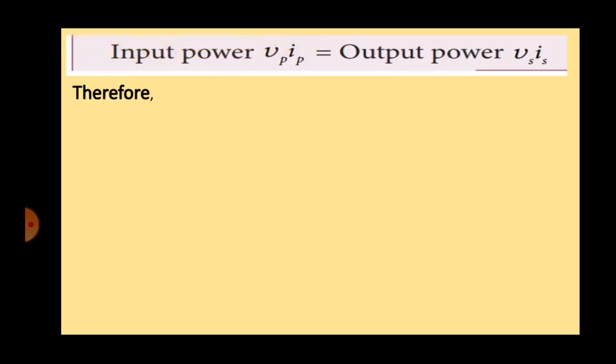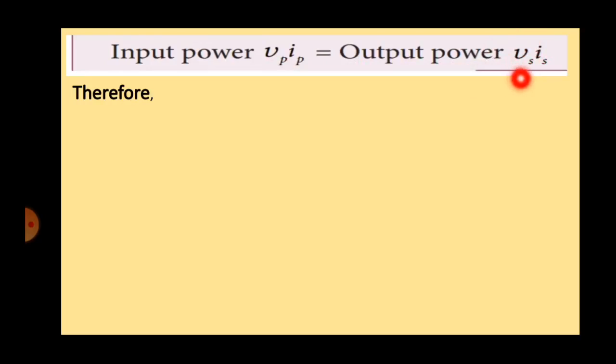For an ideal transformer, the input power is equal to the output power. Already you know that input power is equal to voltage into current. Output power is equal to voltage into current on the secondary circuit. This is the primary circuit, this is the secondary circuit.